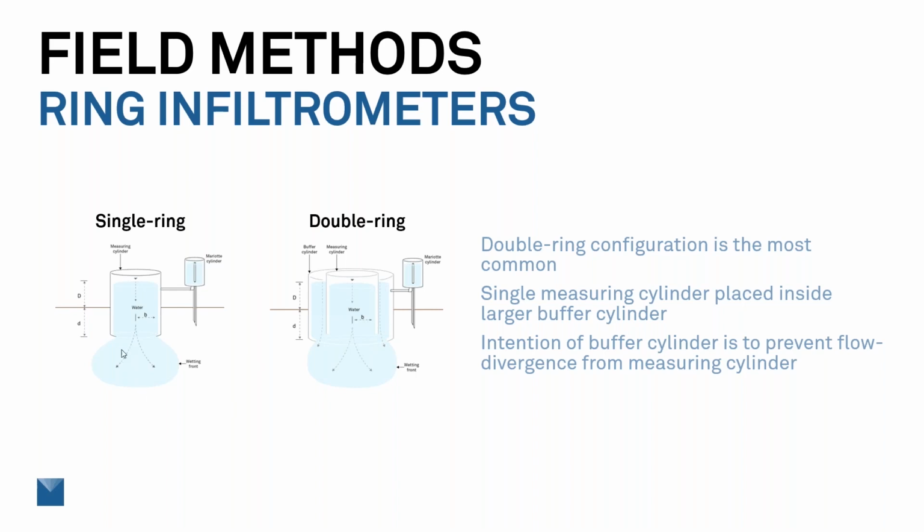Because hydraulic conductivity is that one-dimensional KSAT value, we need to do a correction for three-dimensional flow to get an accurate hydraulic conductivity. With a double ring infiltrometer, we have a measuring cylinder and a buffer cylinder to try to buffer that inner ring from the lateral fluxes. But that outer ring still does not completely buffer the inner ring, and that will vary depending on the soil type.